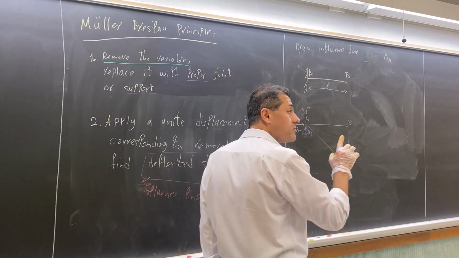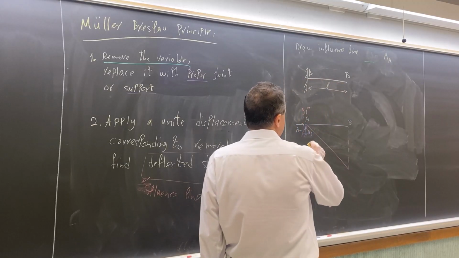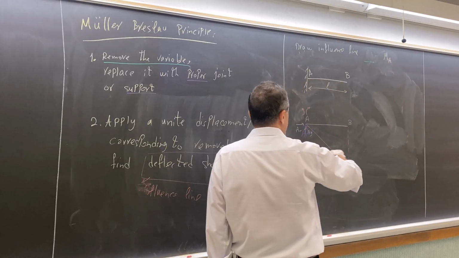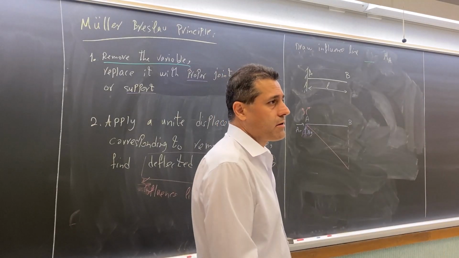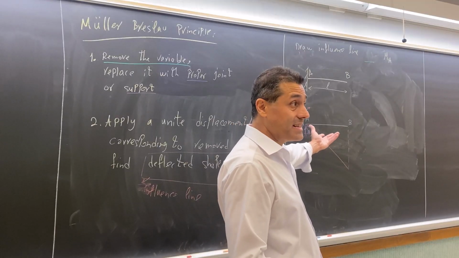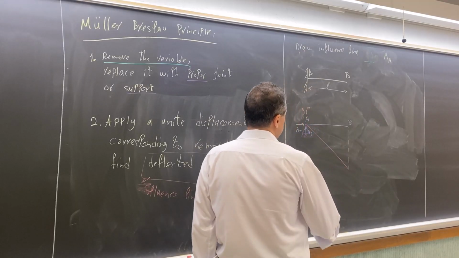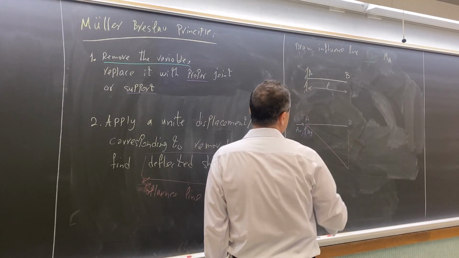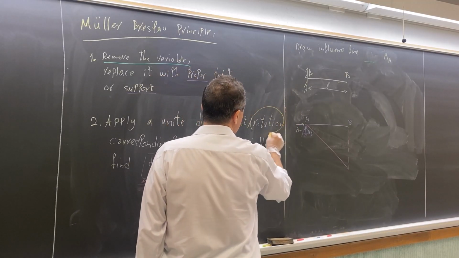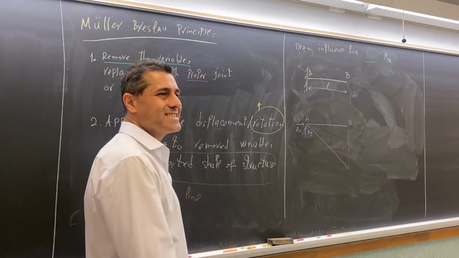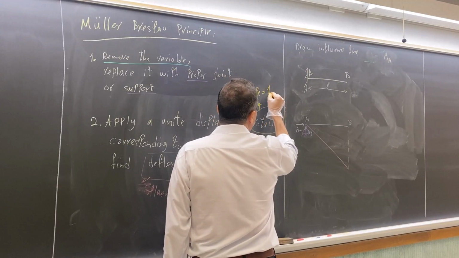There are a couple of important things here. First of all, why do I rotate it clockwise? It is sign convention. You can do it counterclockwise. The only difference is the sign, but the magnitude is the same. Another thing is, when we say unit rotation, what do we mean? It means slope. The slope is unit.